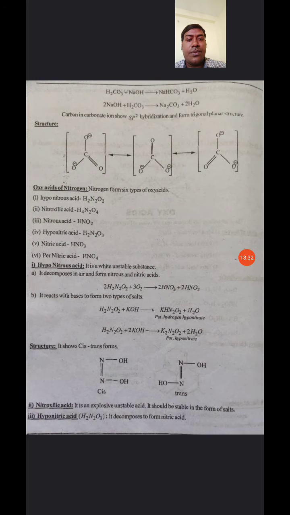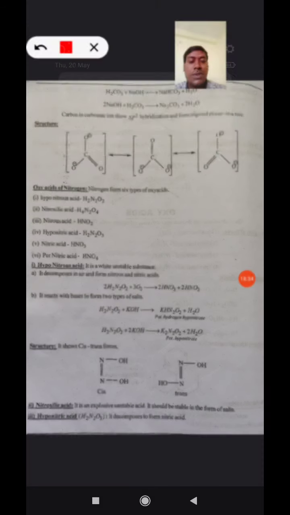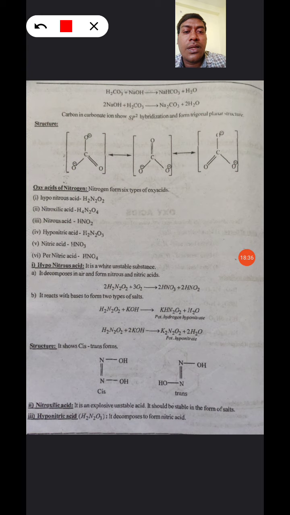So here this is the reaction. H2CO3 reacted with NaOH and it forms NaHCO3, sodium bicarbonate, and 2 moles of sodium hydroxide reacted with H2CO3 forms Na2CO3, sodium carbonate.